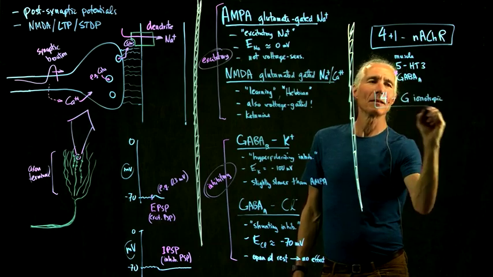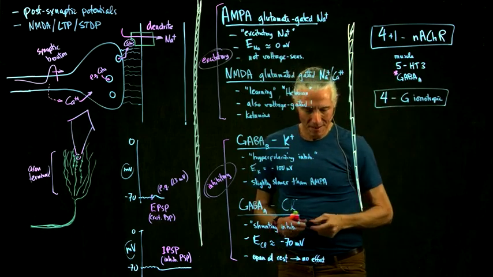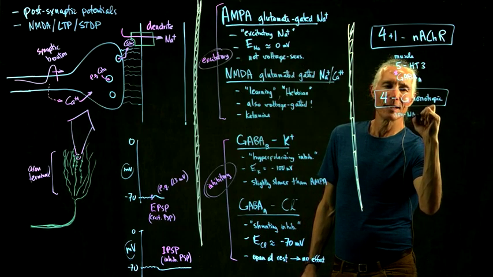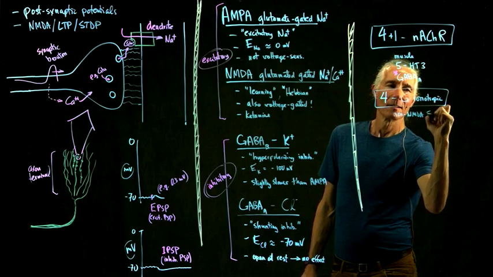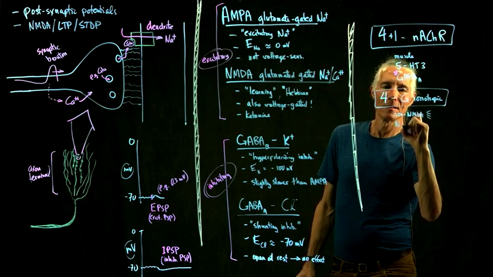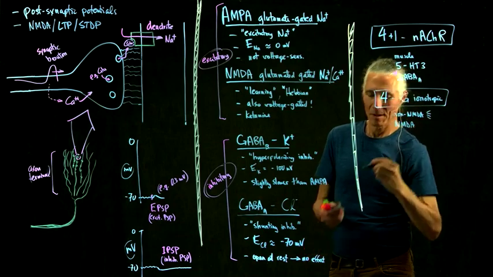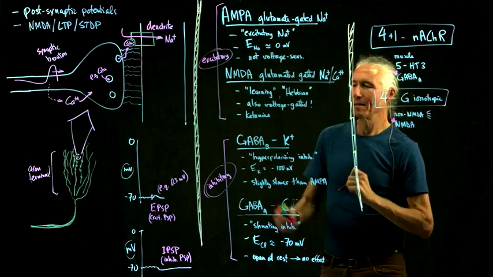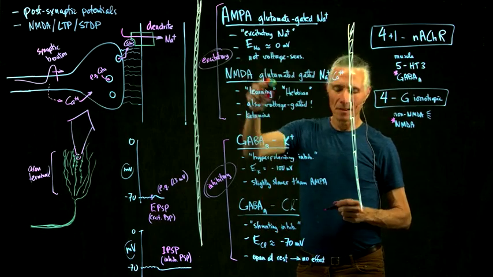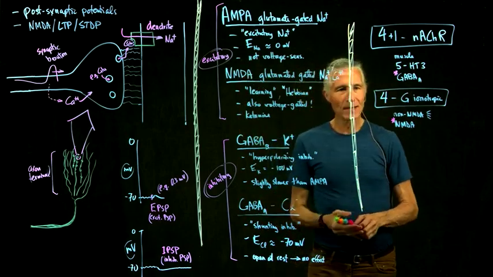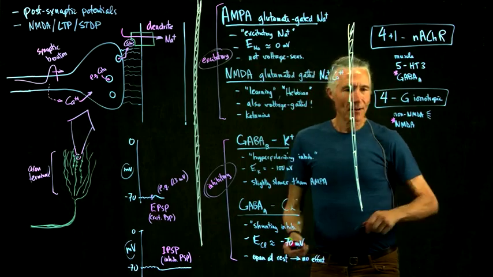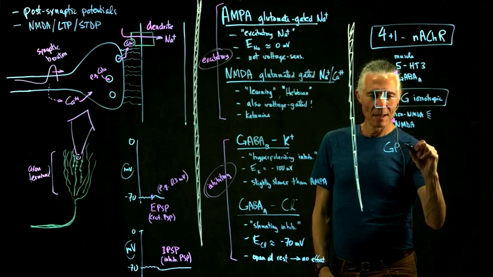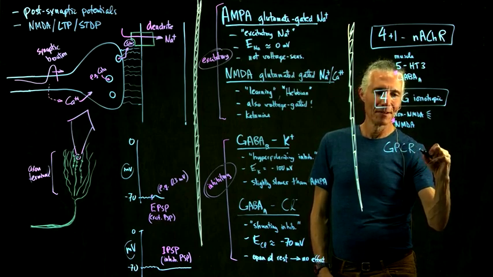I didn't make up the name. Okay, so there's a whole bunch of non-NMDA channels, and then there's the NMDA channel. And that's one that we talked about. So that's that guy right here. And then finally, there are ones called G protein coupled receptors.